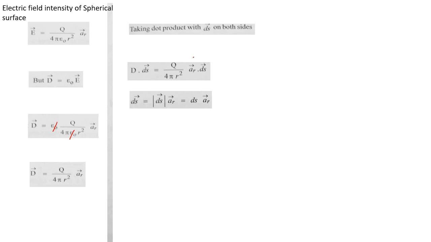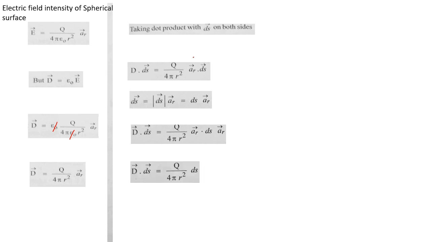Substituting above, we get D vector dot ds is equal to Q by 4 pi R square AR vector dot ds into AR vector. AR vector dot AR vector is equal to 1. So the remaining will be Q by 4 pi R square into ds.